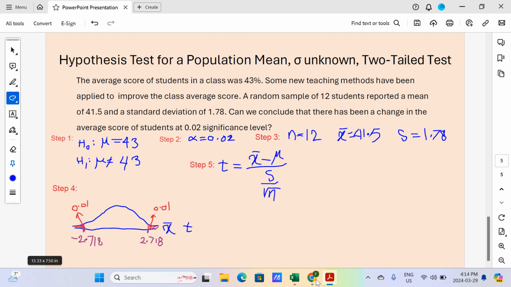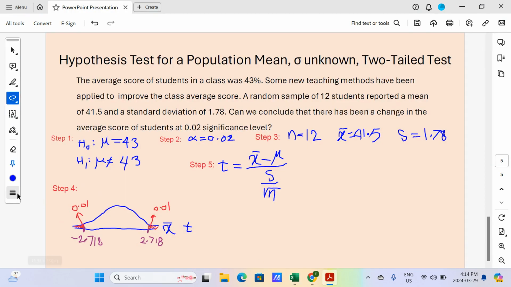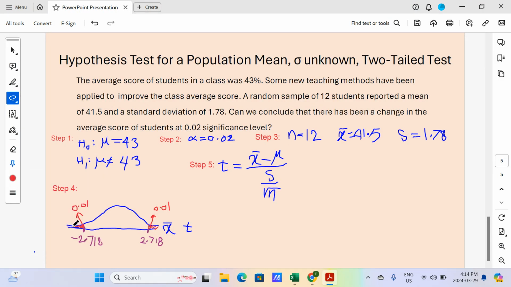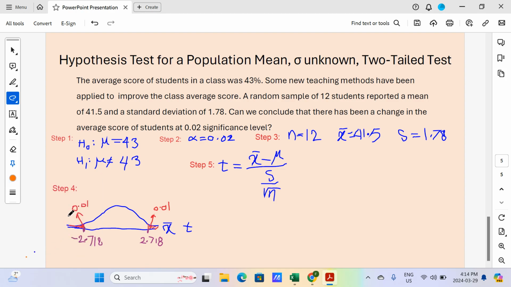Look at the t-value. Minus 2.92 is in the left tail. If I continue the tail on the left side, minus 2.92, the t-value of x bar, is on the left side of the cutoff point.